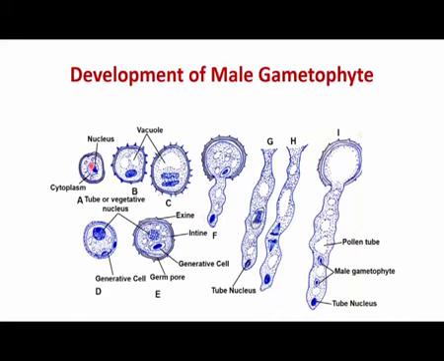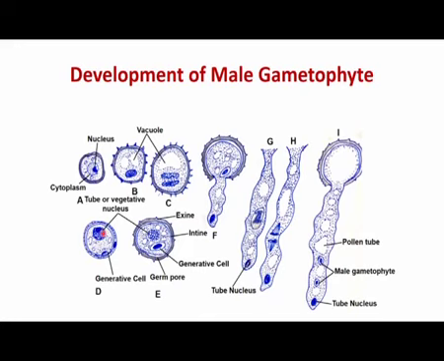As it matures within the pollen sac, the nucleus present in the center moves towards the periphery, and then it divides into two cells by an unequal division. One is called the generative cell, which is this one, and the other is called the vegetative cell, which is this one.